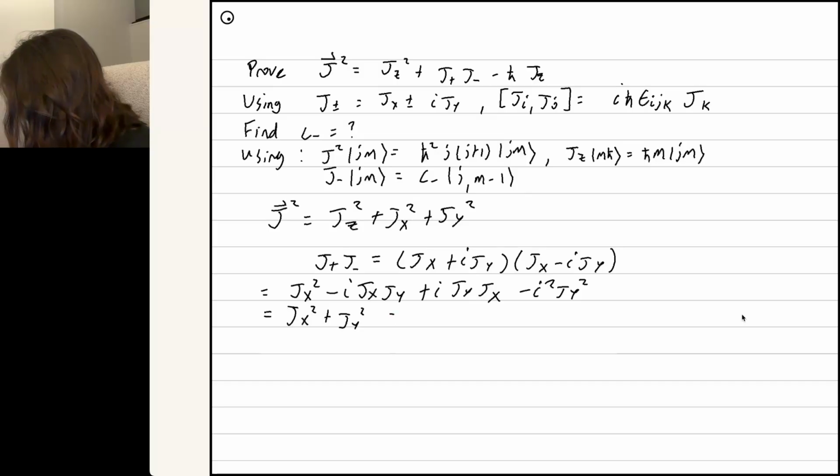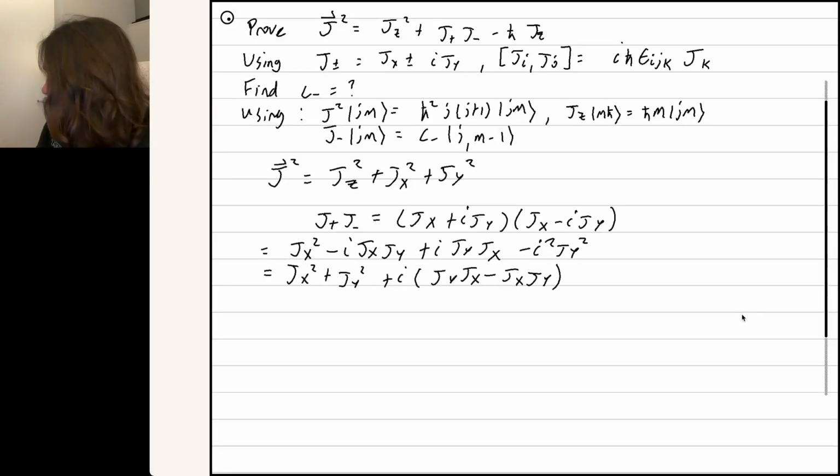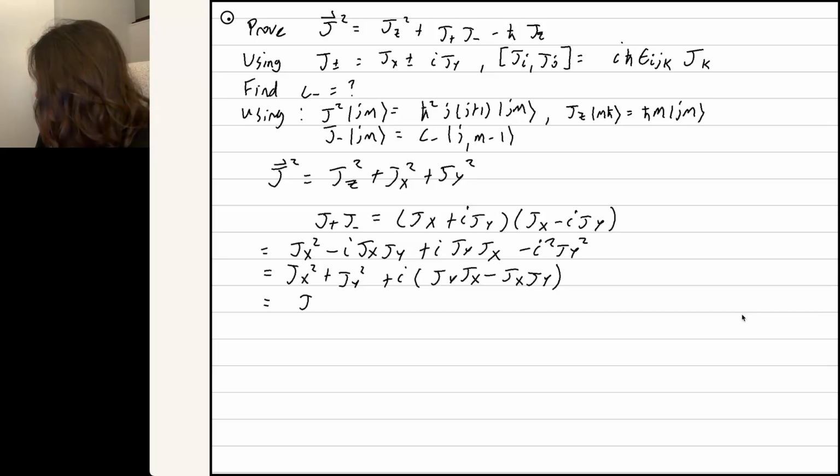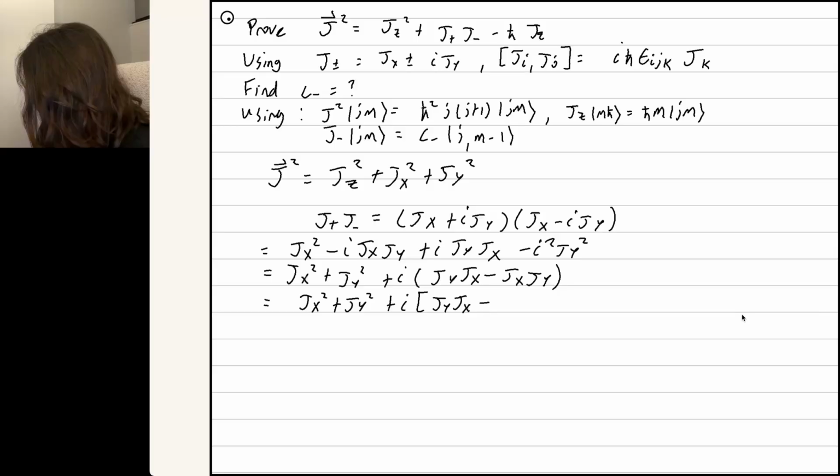And we'll factor out an i: jy jx minus jx jy. So that stuff inside the parentheses there is a commutator. So we can write this now as the commutator of jy and jx.